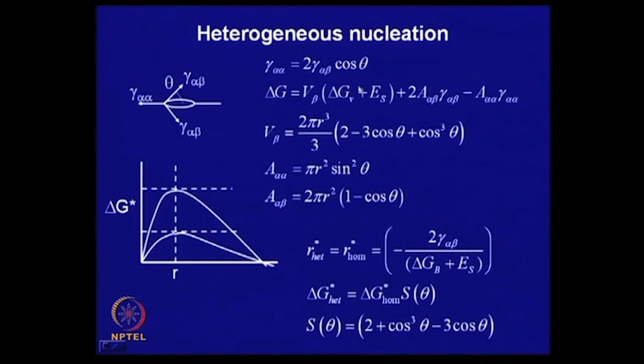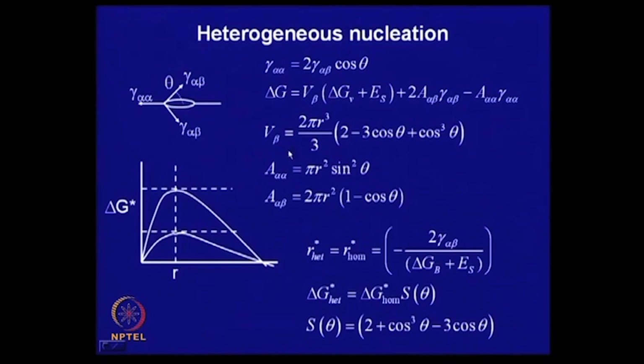You have to consider this is the free energy, the driving force for the process of precipitation, this is the strain energy, this is the increase in surface area, twice A alpha-beta times gamma alpha-beta, an increase in surface energy, and this is the surface which is lost. So, gamma alpha-alpha times A alpha-alpha is lost, and this is the energy which is lost. In this way you can write the full expression.